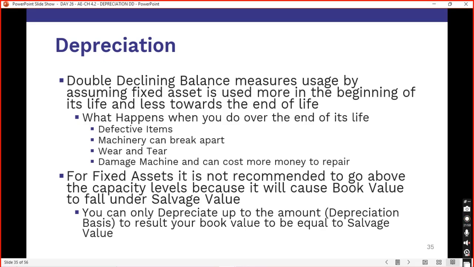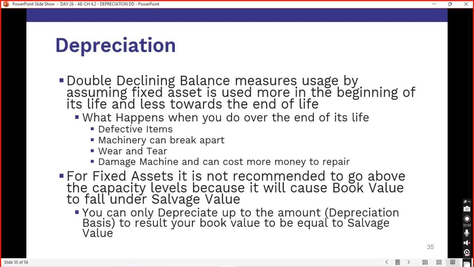Because of the way technology is wired, things do wear and tear, especially when electricity is involved, because electricity damages a lot of the equipment that we use. So the best recommendation here is that once you reach salvage value, you should not have your book value ever fall below salvage value.